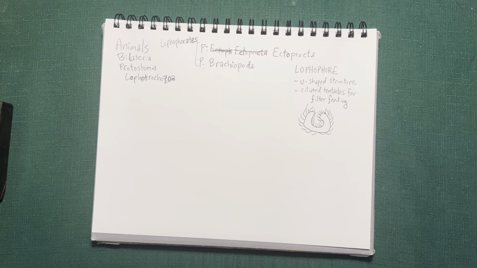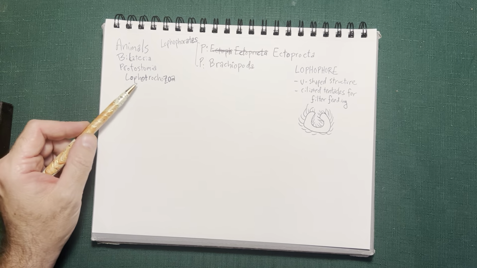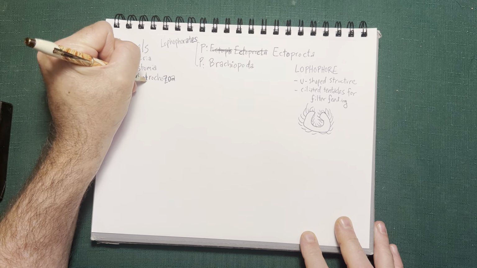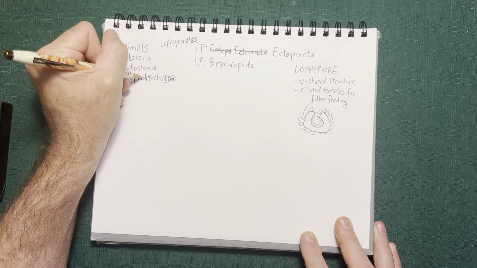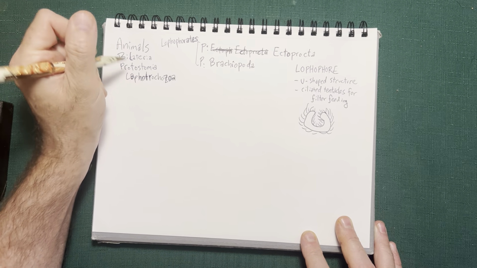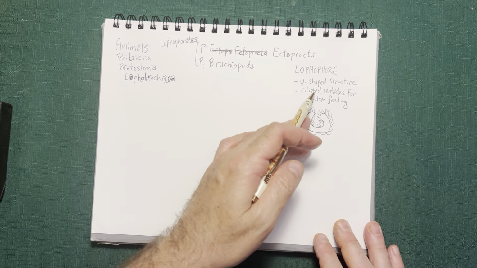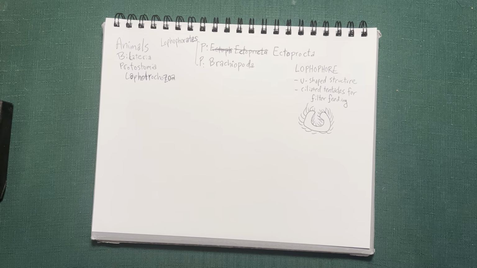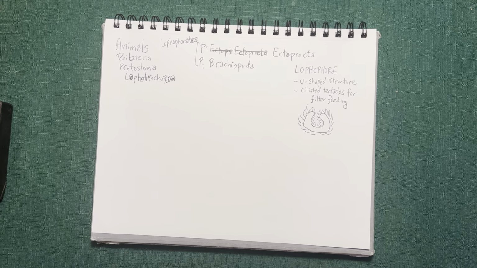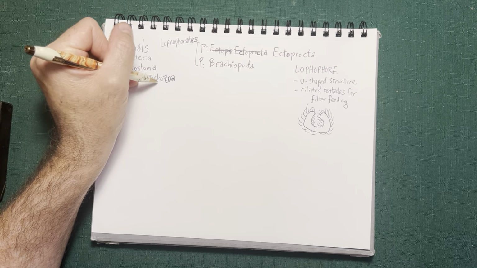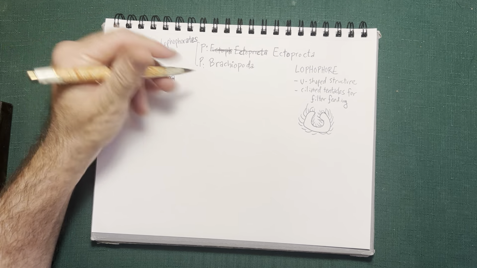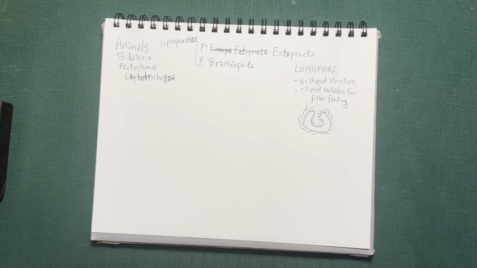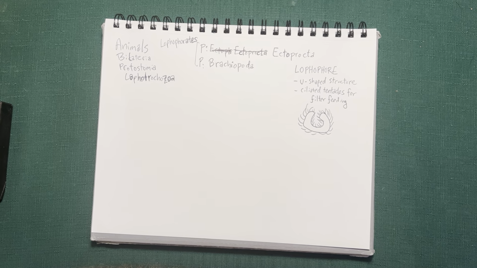So it turns out that all of the phyla in the Lophophorates have one of two synapomorphies. One is that they have this structure called a lophophore, which they use for feeding. The other has to do with this trocho word root, and that refers to a type of larva called a trochophore.